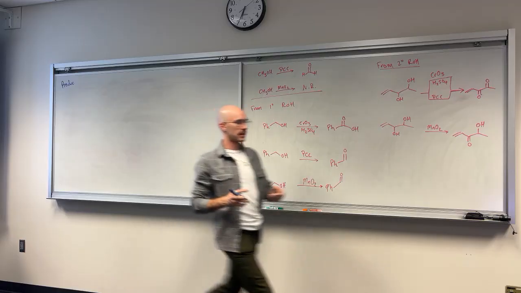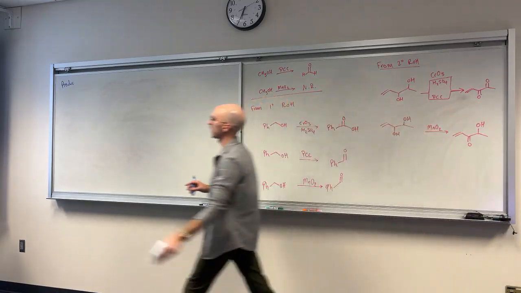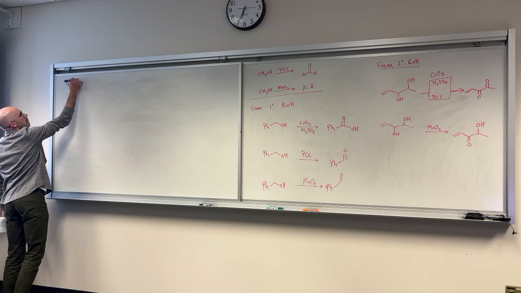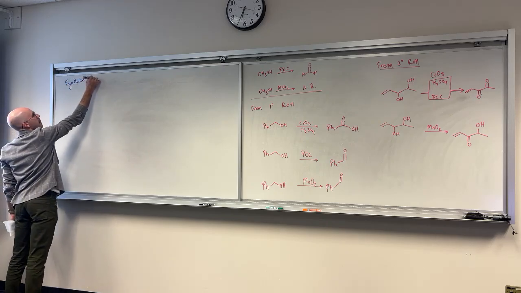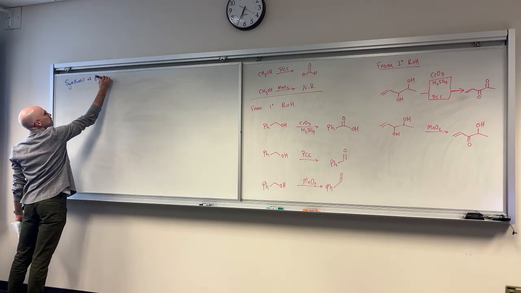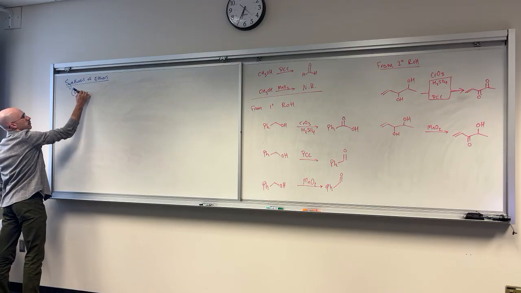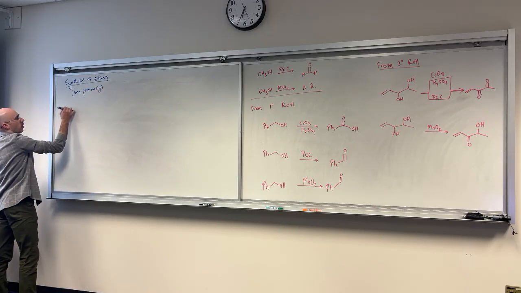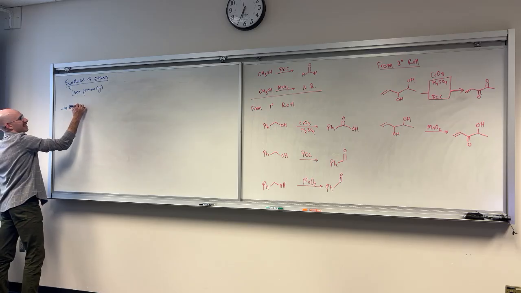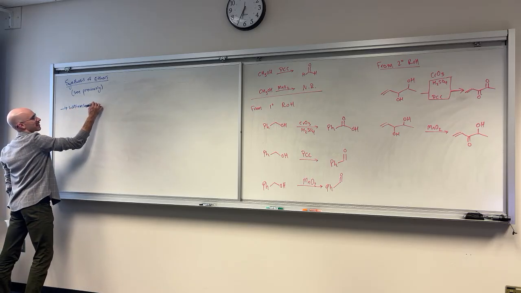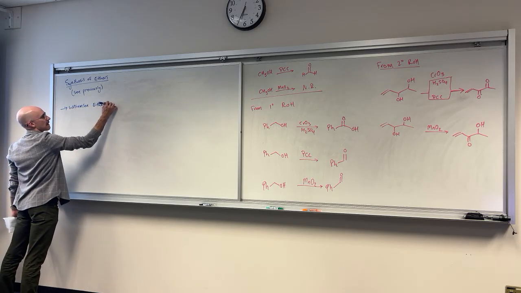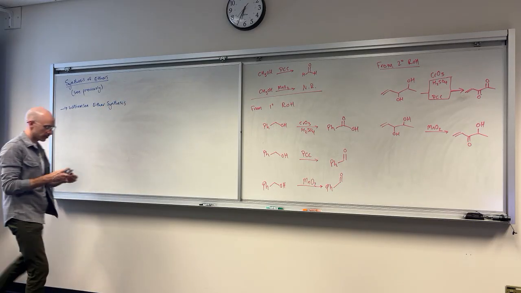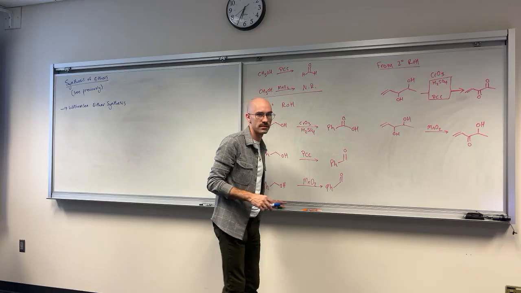I was going to say producing ethers, but I want to say synthesis of ethers. See previously. And then also this Williamson ether synthesis. So here's what Williamson's reaction does.